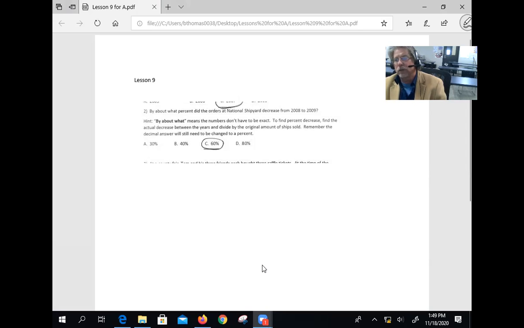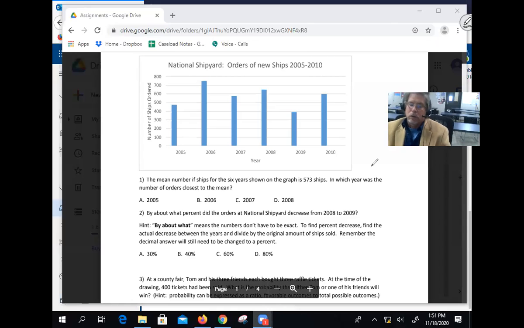Let me pause this, and I need to pull up the actual worksheet as well. So on the worksheet number 2, we had this graphic up here. And this is again lesson 9: by about what percent did the orders of the National Shipyard decrease from 2008 to 2009?